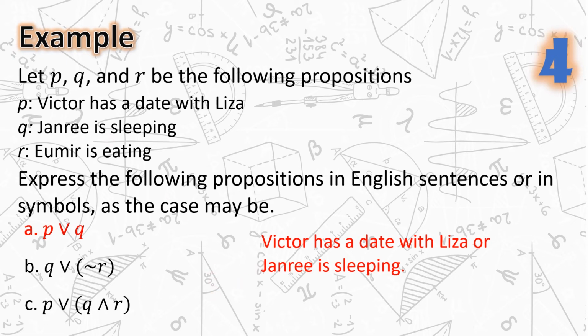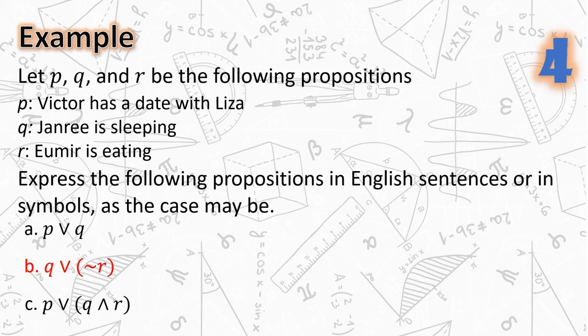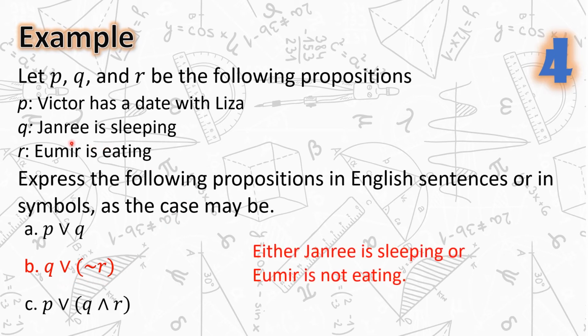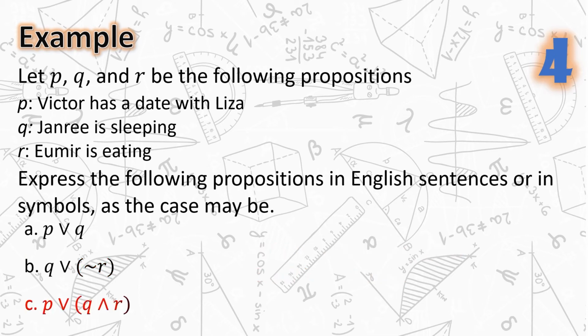Let us go to letter B. The disjunction Q or not R. So that is either January is sleeping, or the negation of R, Yumir is not eating. So that is either January is sleeping or Yumir is not eating. Letter C.